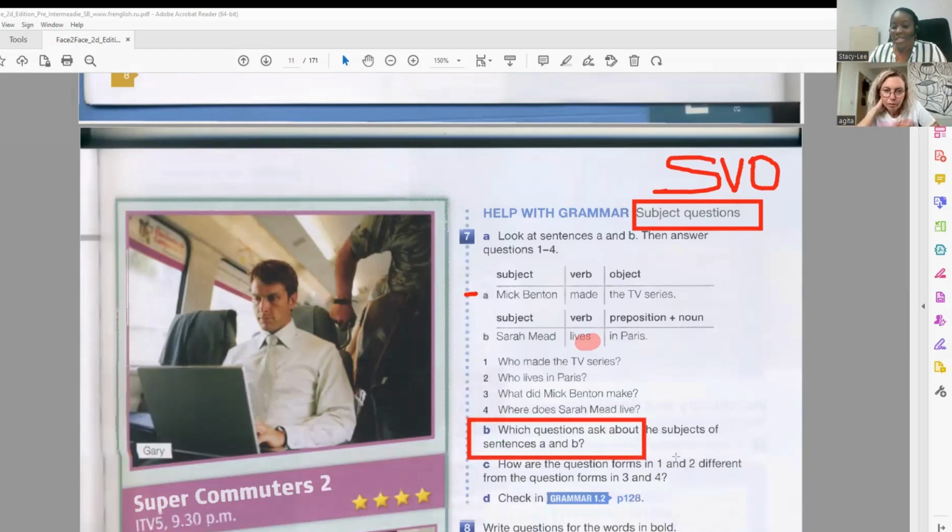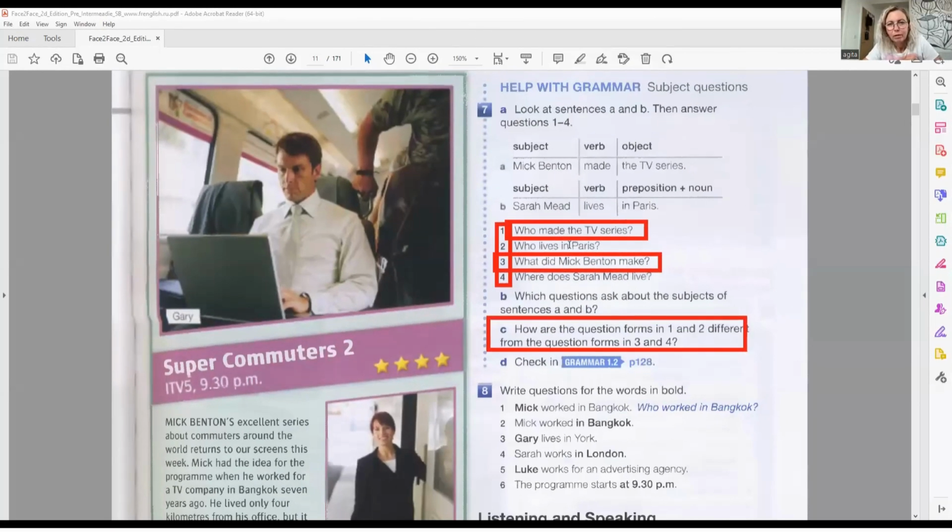Which question asks about the subject of the sentence, A or B? The subject question is different from the structure of the non-subject question, right?